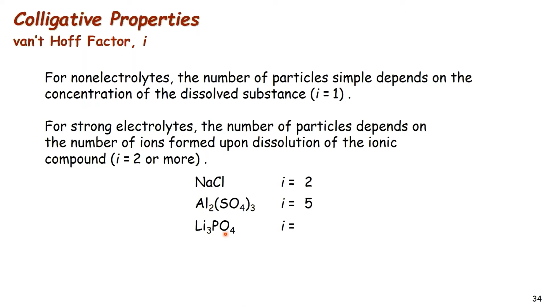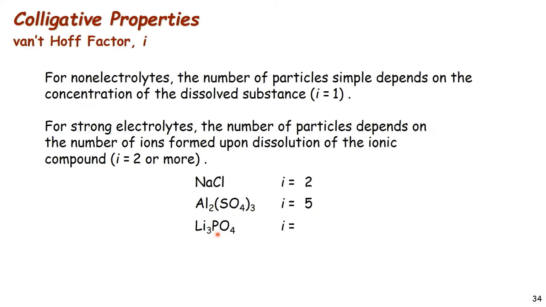7 is 4 plus 3. Okay, tell me what ions. If I was going from the molecular equation, how would you write it in the complete ionic equation? Since this is a strong electrolyte, it's going to dissociate into its individual ions. What would you write in the complete ionic equation? Well, 3 Li+ ions, and 1 PO4 3- ion.